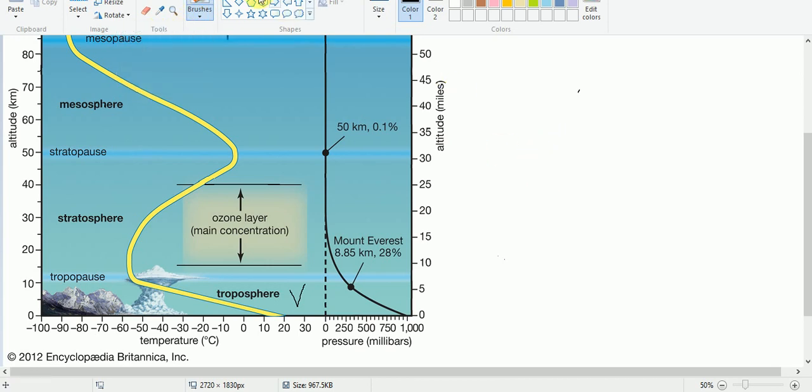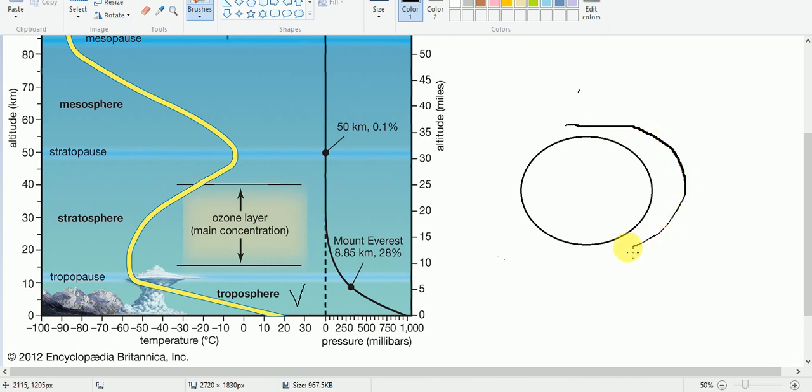Let us say this is the Earth. Here this troposphere is thin at the poles and thicker at the equator, just as mentioned here.